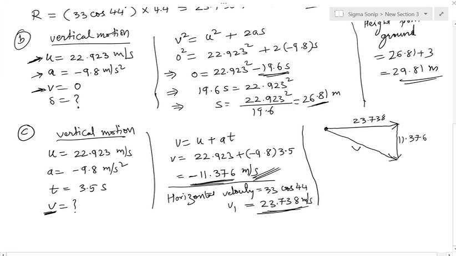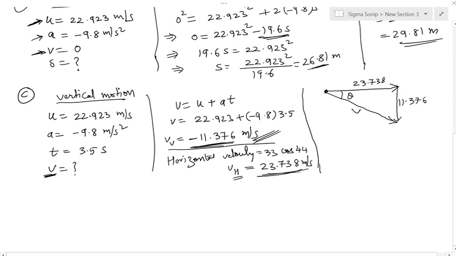I can write this as vh, and that as vv, and because I will need the direction as well, I'll keep this theta here. Now v is equal to, using Pythagoras theorem, because this angle is 90 degrees, 23.738 squared plus 11.376 squared, and we get that as 26.32 meters per second.